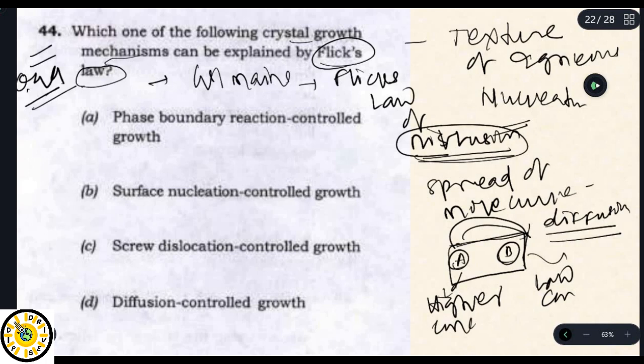So diffusion play a huge role in the crystal growth, ठीक है. हम डिस्कस करेंगे when I will talk about Fick's law in the metamorphic petrology, or like whenever I will talk about the diffusion or texture of the igneous rock, then I will detail discuss करेंगे Fick's law.